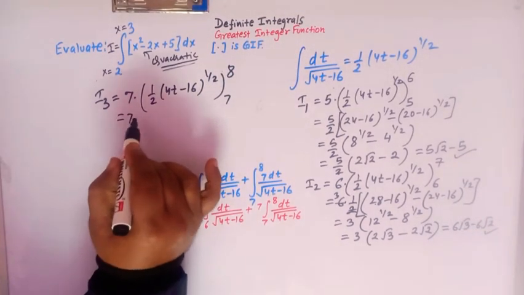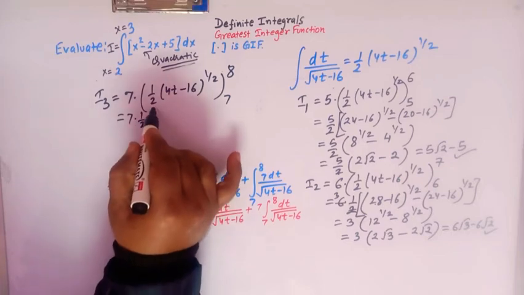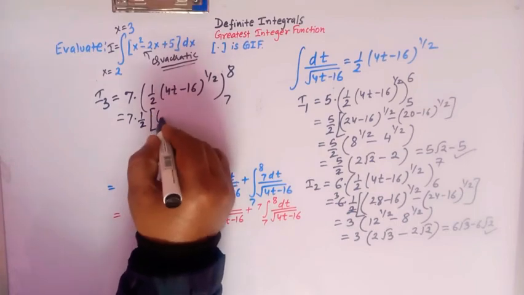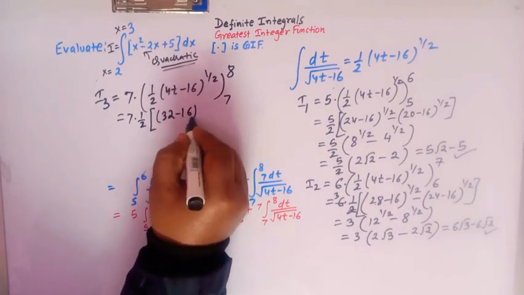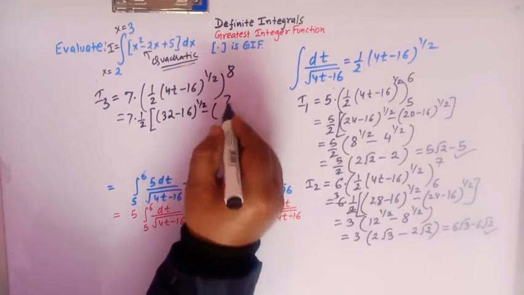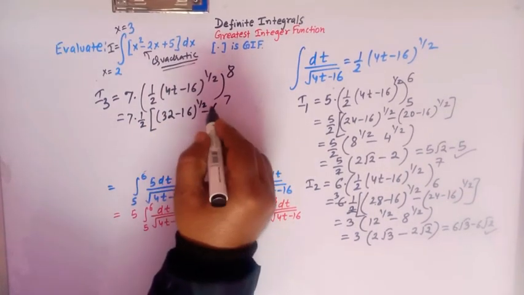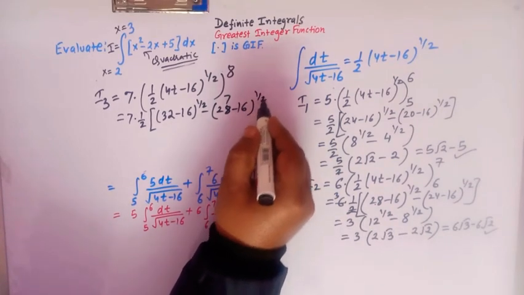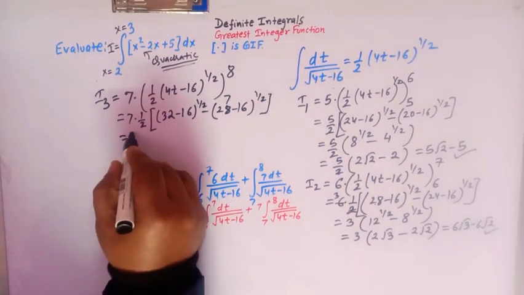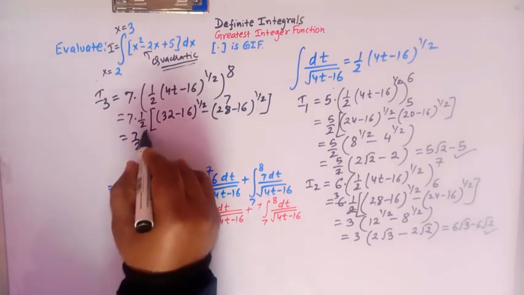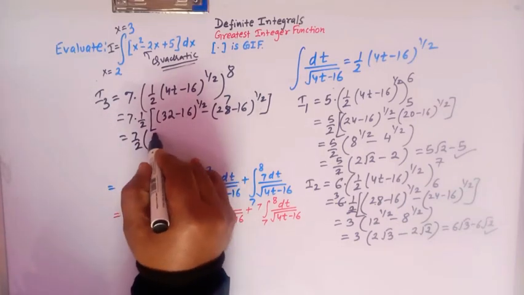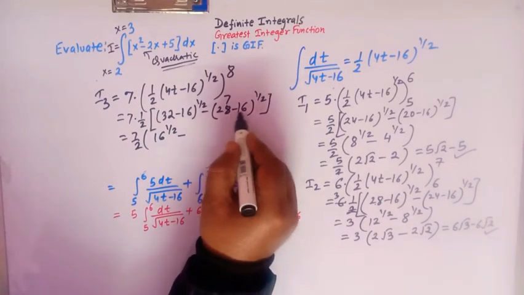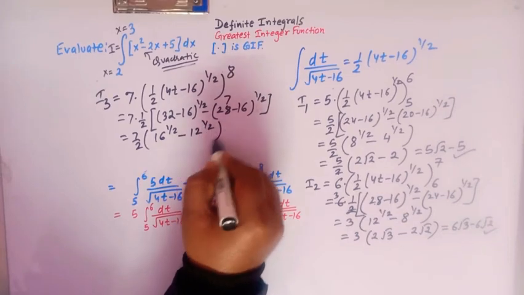So now we have 7 multiplied by half, and taking t equal to 8, we have 32 minus 16 raised to half minus, we have 7 fours are 28 minus 16 raised to half. So now this is 7 over 2, and we have 32 minus 16 is 16 raised to half minus 12 raised to half, right?